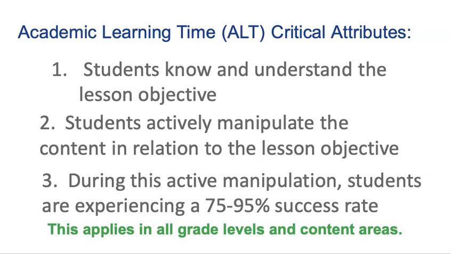At the same time, if my students know and understand the objective and they're actively manipulating the content, but they're not being successful at least 75 to 95% of the time, we don't have long-term success. We need all 3 of these to be in place every lesson, every day. How do we make that happen?